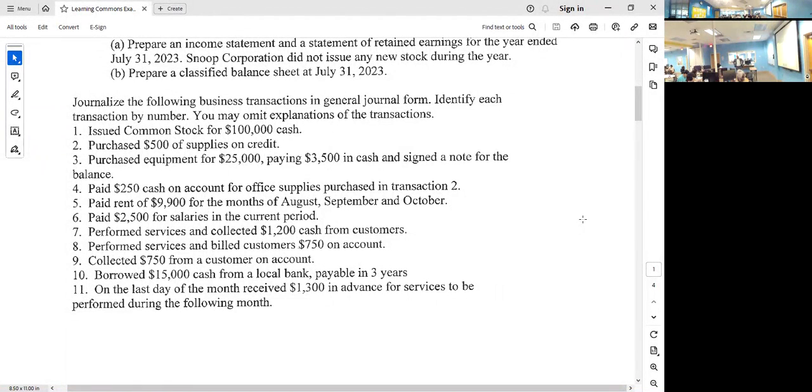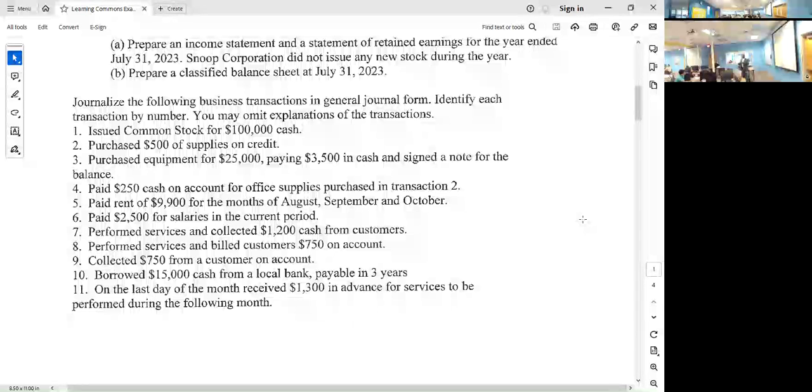You'll have this on your exam for sure in the last problem. There probably won't be as many, but you'll have to fill it in in the general journal format, and there will be some space for it. The statements we did, you won't do a full set of them.